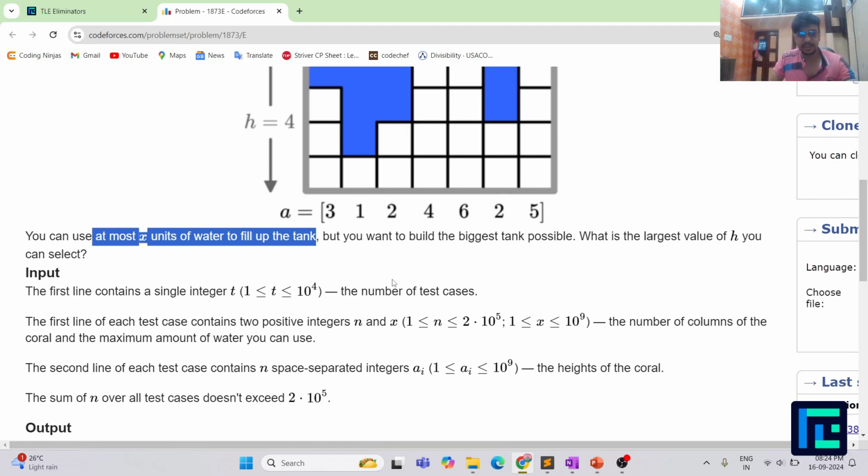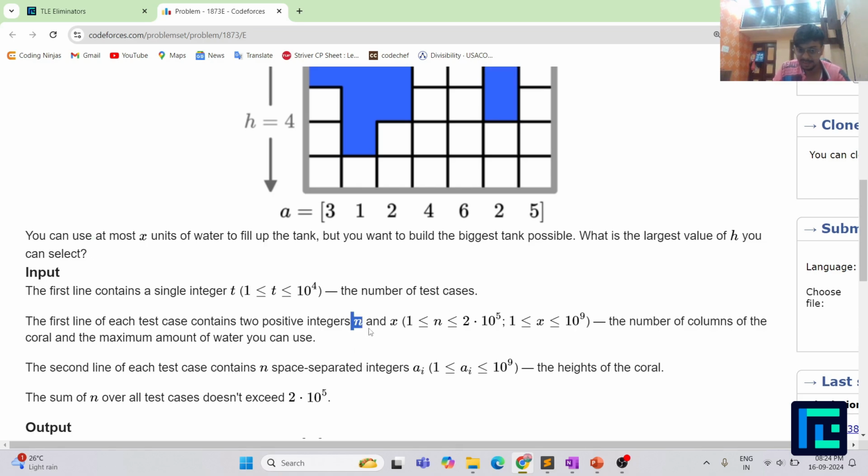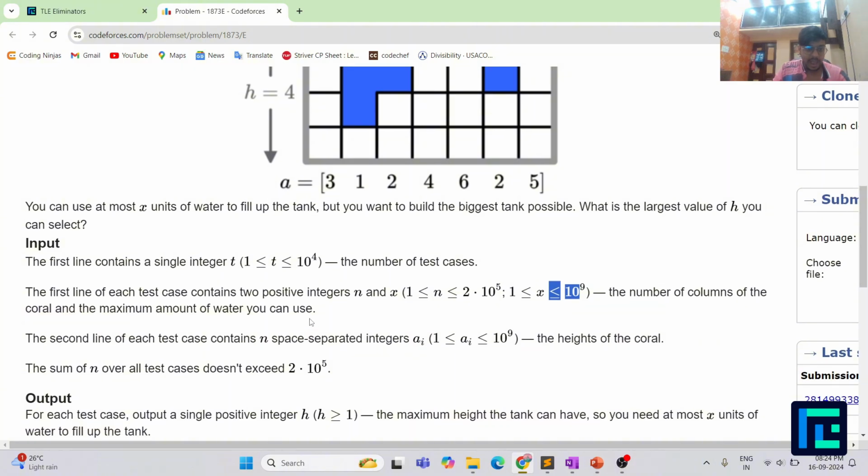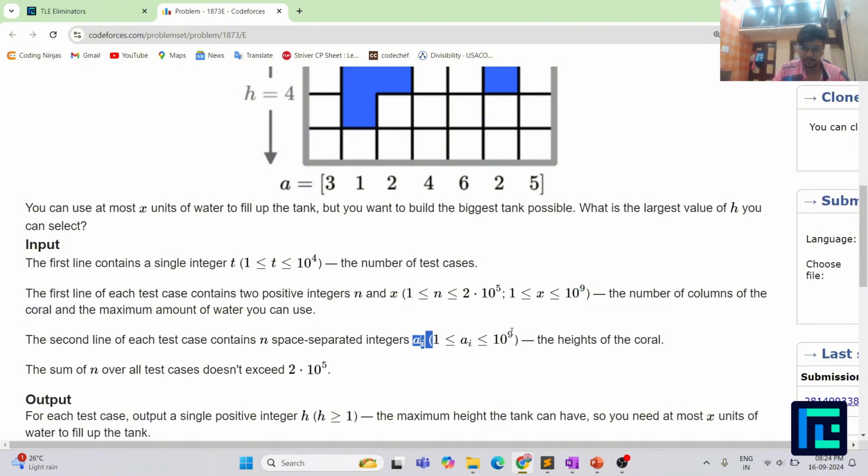First of all, let's understand the constraints. You are given the size of the array as n, which is of the order of 2 times 10 to the power 5, and the maximum units of water that you can fill, x, is of the order of 10 to the power 9. Then you have n space separated integers of the array, where a_i represents the height of the ith coral, and it is in the range of 10 to the power 9.